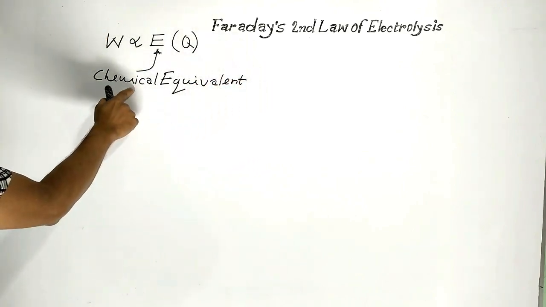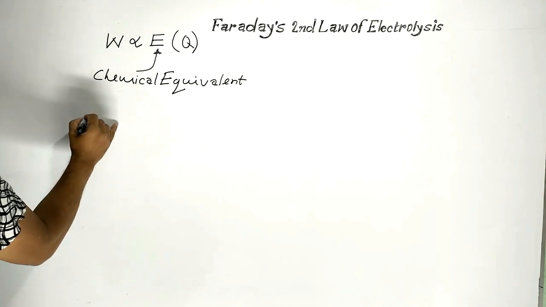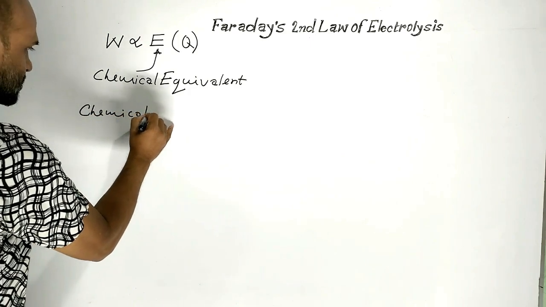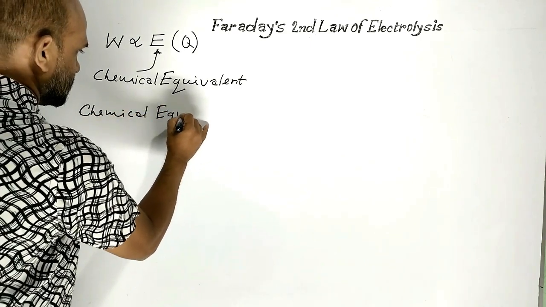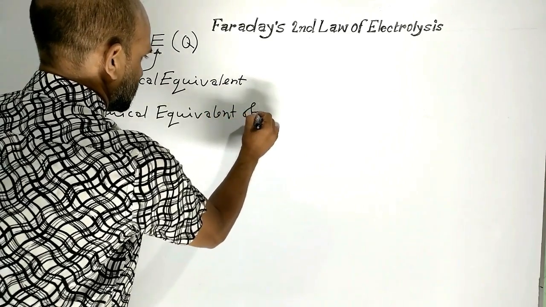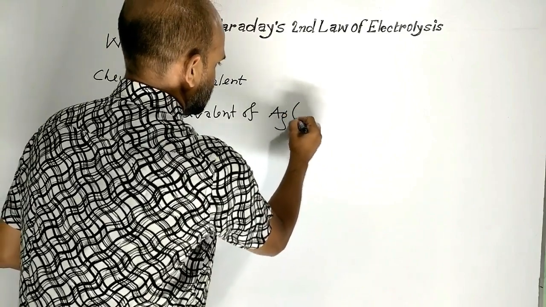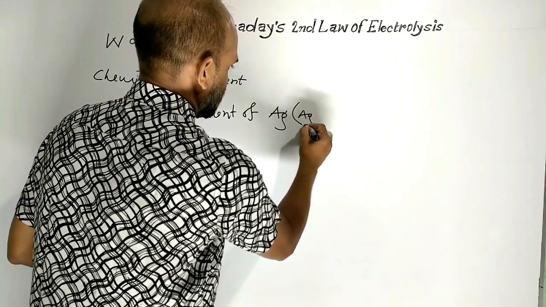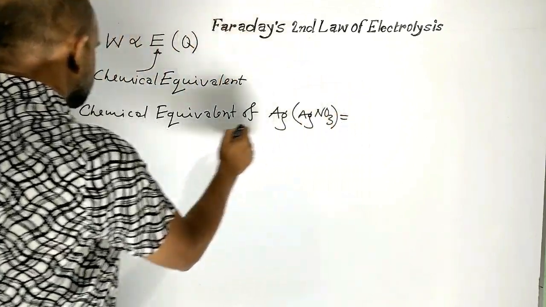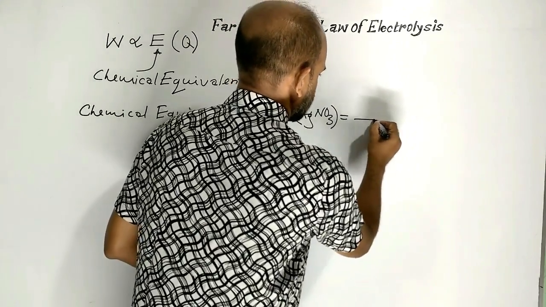Now, let us see what chemical equivalent is. Suppose the chemical equivalent of silver in silver nitrate.